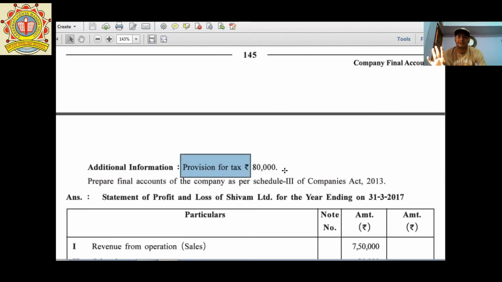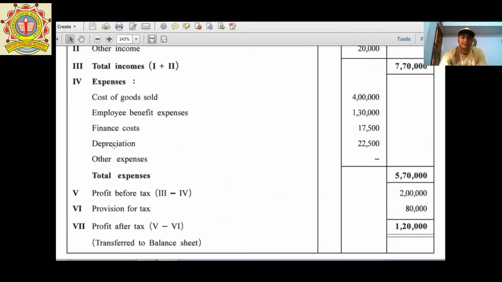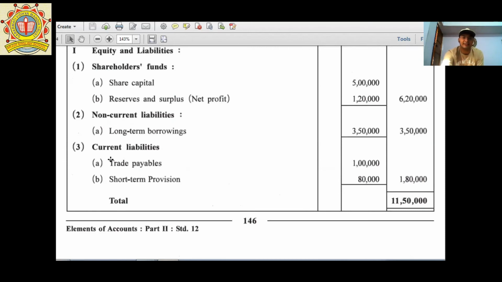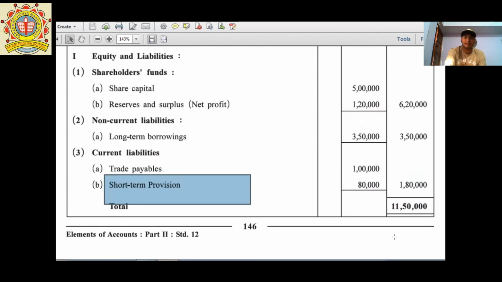So there are two entries for this provision for tax. The first entry is in the P&L account, provision for tax for 80,000 rupees, because there is an adjustment. The second entry is under current liability, short-term provision, in equity and liability. That's it. So finally, the entire sum is completed.